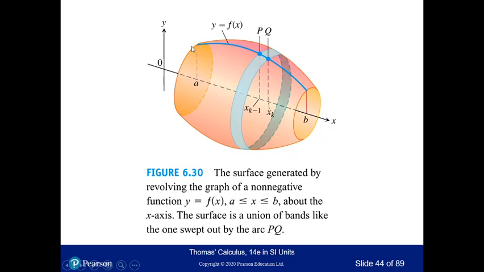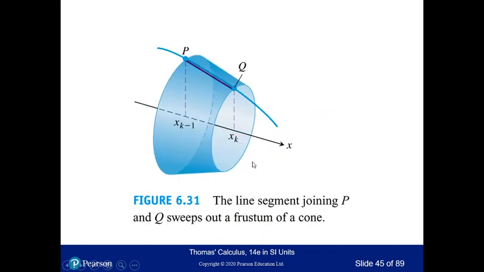But if we are given a function f, and if this function is rotated around the x-axis like this, we are going to get, if they ask us to find the surface area of this surface, okay, then we have to add all these up, the surface area of these strips along this from A to B, to get the surface area of the whole shape, okay? Then how are we going to do that?